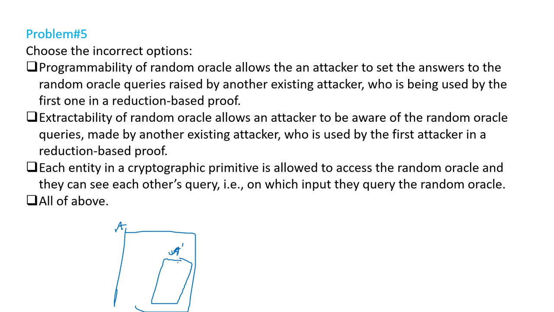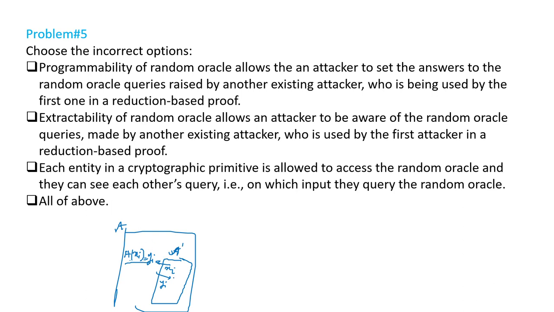Then if A dash needs to query the random oracle with some input xi, then what A can do is that it can just assign some uniform random value yi to it and return yi as if it is coming from the response of random oracle. So it can just program the output of random oracle.